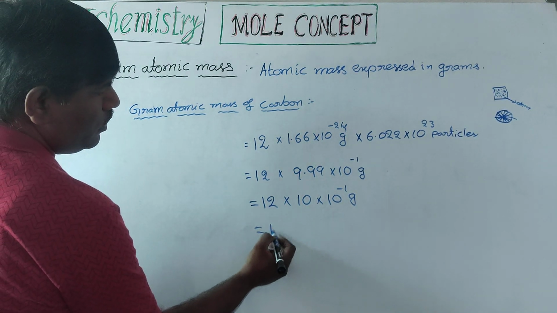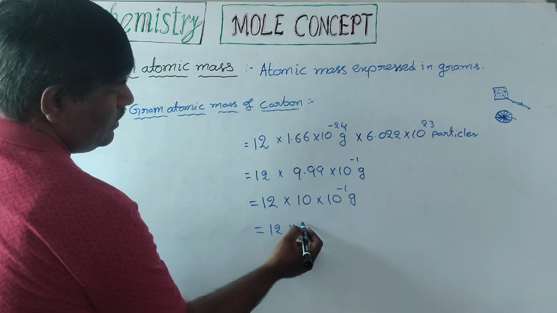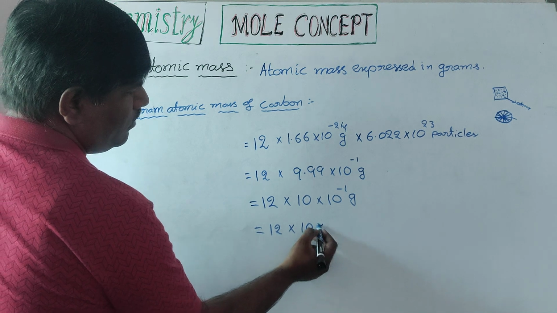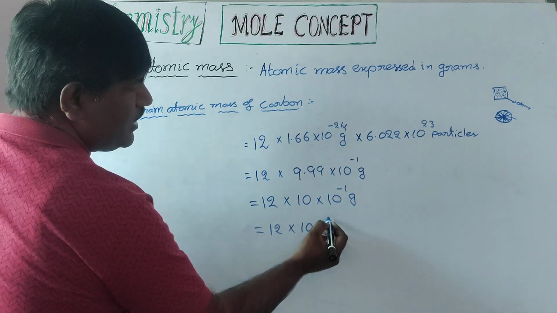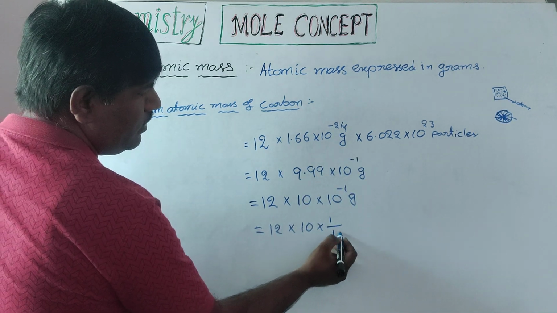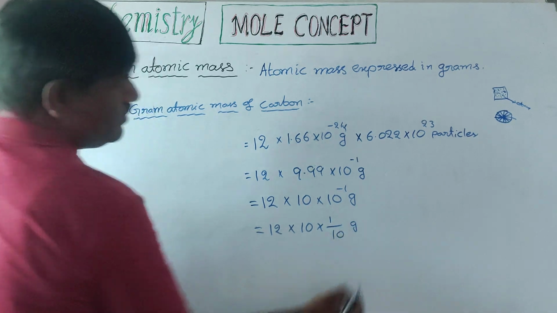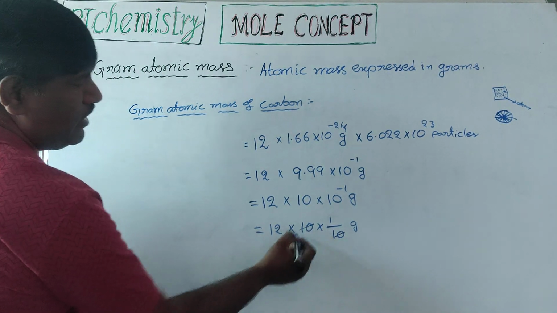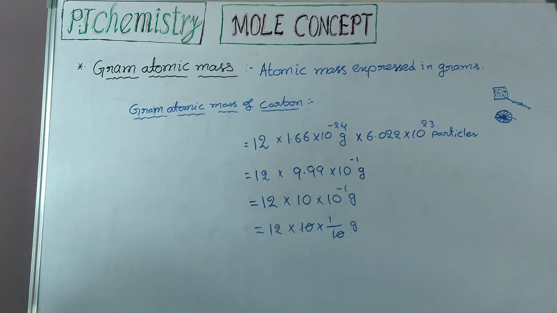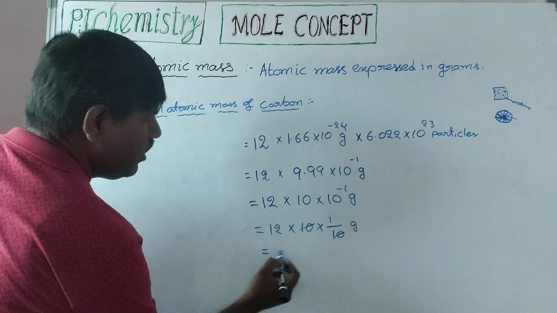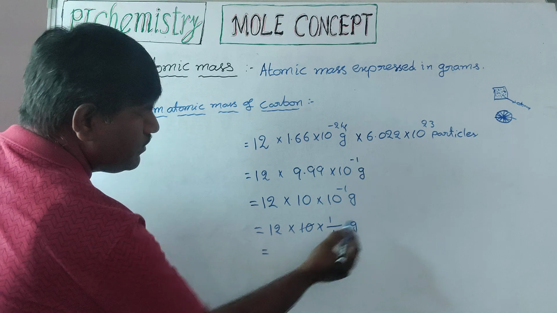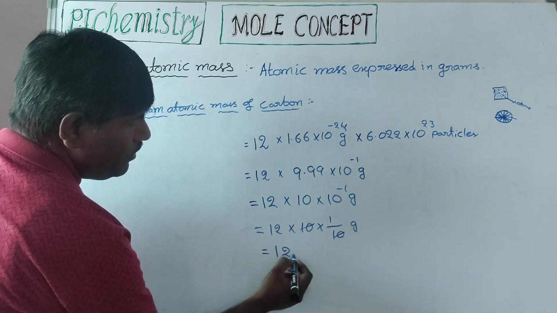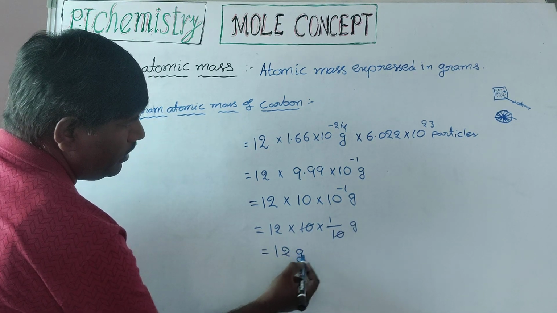Now 12 into 10 into 10 to the power of minus 1 is nothing but 1 by 10, can we write? 1 by 10 grams. Now the 10 gets cancelled. What remains? Gram. How many grams? 1 gram. So 12 into 1 gram is nothing but 12 grams.